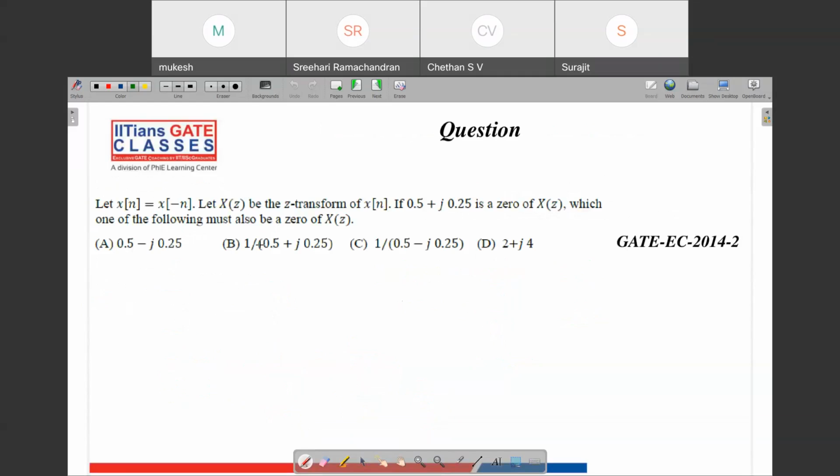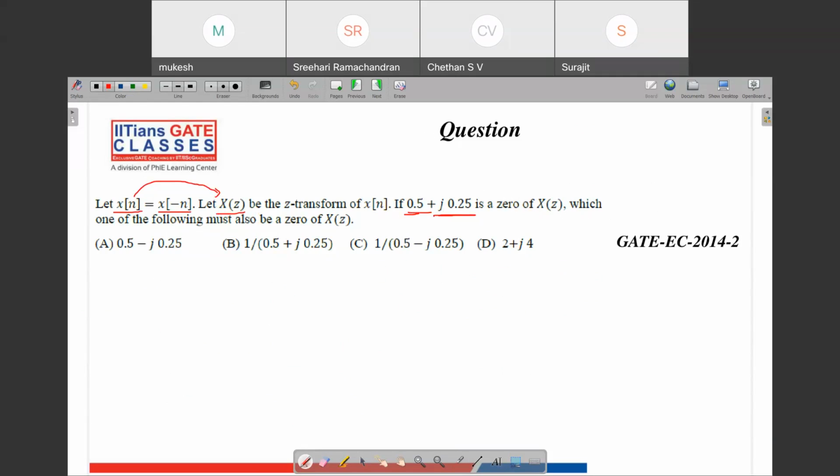Okay. Now we have a question that is loosely based on the time inversion property. Let's say you have a signal which satisfies the criterion that x of n is equal to x of minus n. And we have X of z, which is the z transform of x of n, and this X of z has a zero located at 0.5 plus j 0.25.